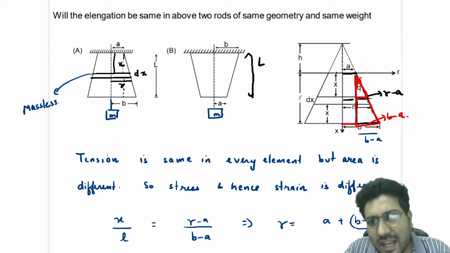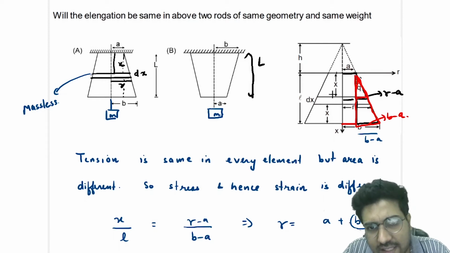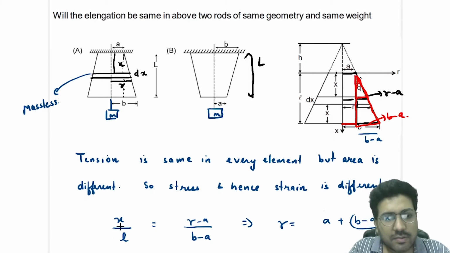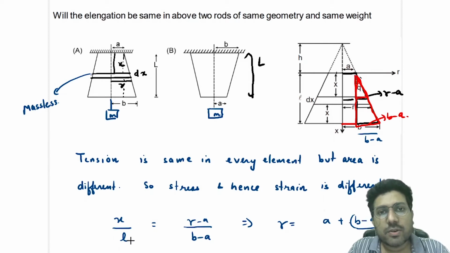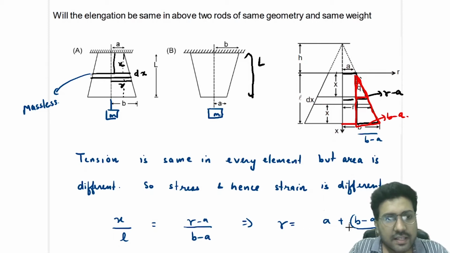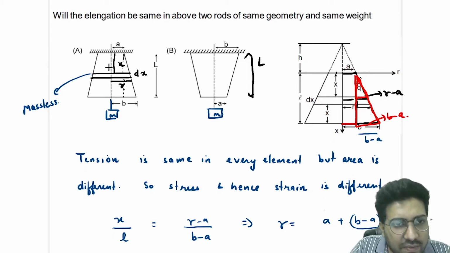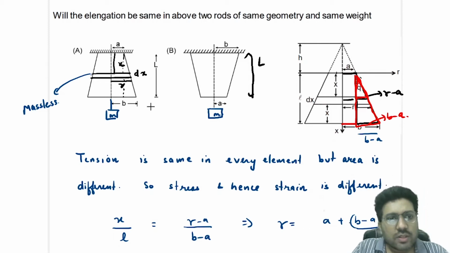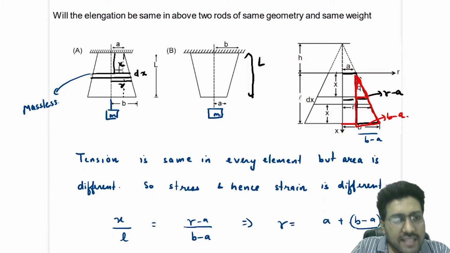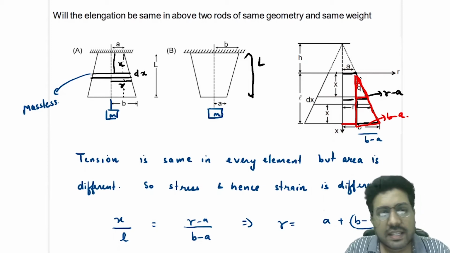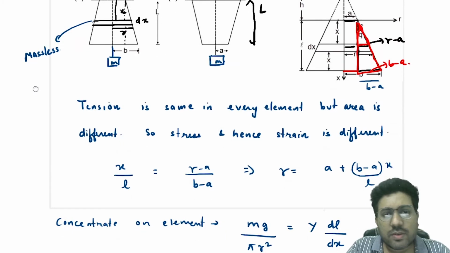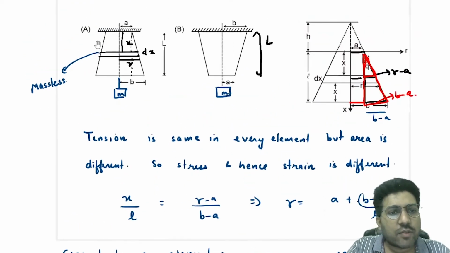So you will write (r minus a) divided by (b minus a) is equal to, this length is x and this length is L, x by L. So from this you will get the radius as a function of x. Because radius is different at every element, the radius is a function of x. As x changes, the value of the radius changes. Once you get the value of the radius, that means you have got the area of the cross section.